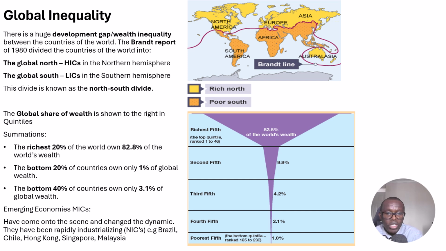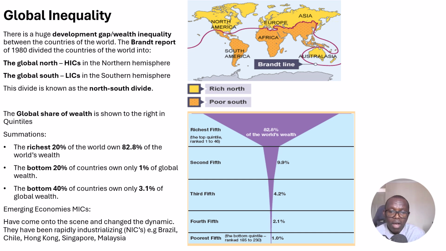Now, when it comes to the global share of wealth, that share of wealth obviously is not equal, and there's global inequality in the distribution of wealth across the world, and that is shown to the right here in the quintiles.